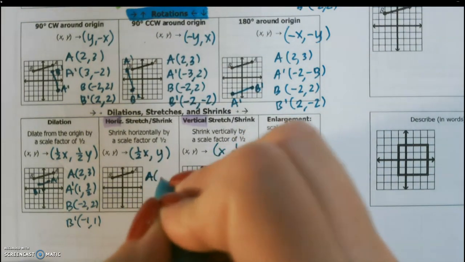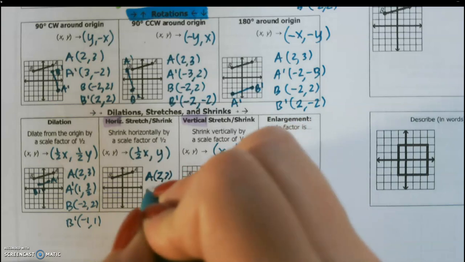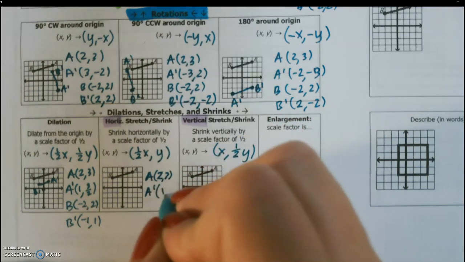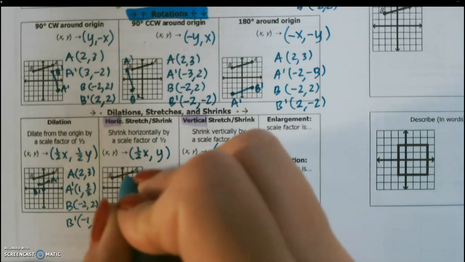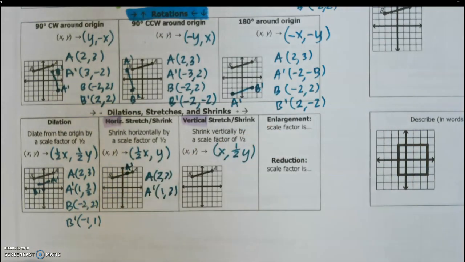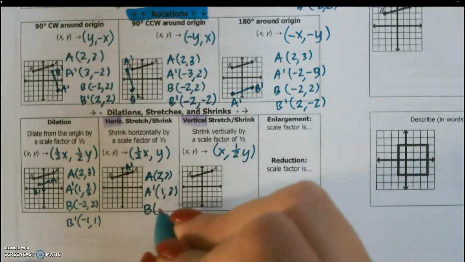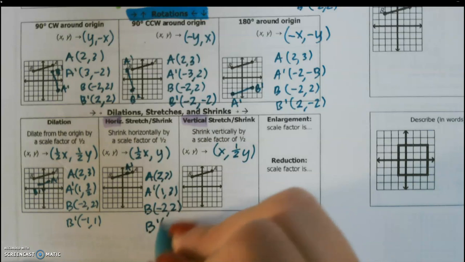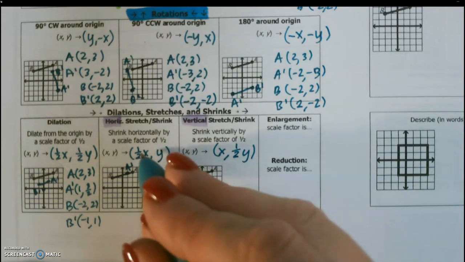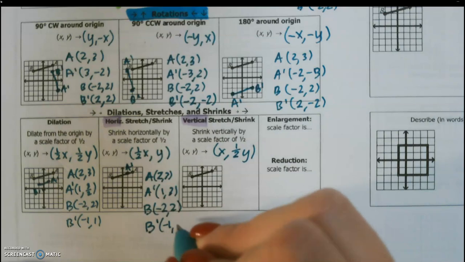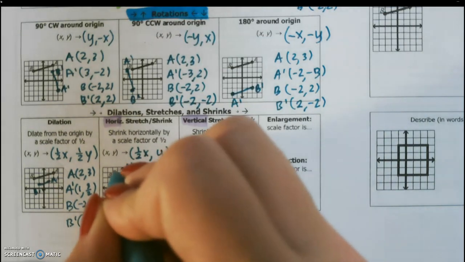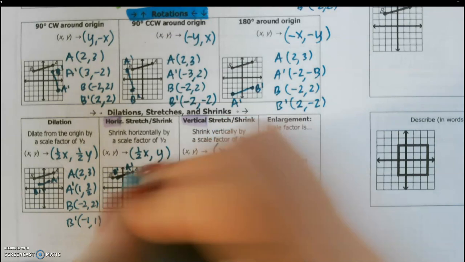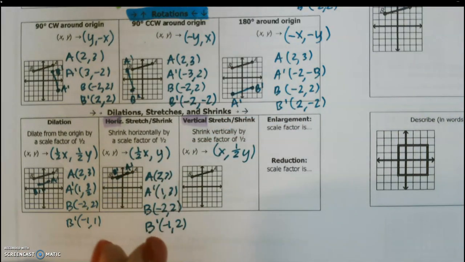So A is originally at 2, 3, which means your A prime is going to be at 1, 3. So 1, 3. Here's your A prime. B is originally at -2, 2. And your B prime is going to be at, if we multiply just the x by 1/2, -1, 2. So notice, okay, it only shrunk horizontally, right? It squeezed in horizontally. There was no vertical change.